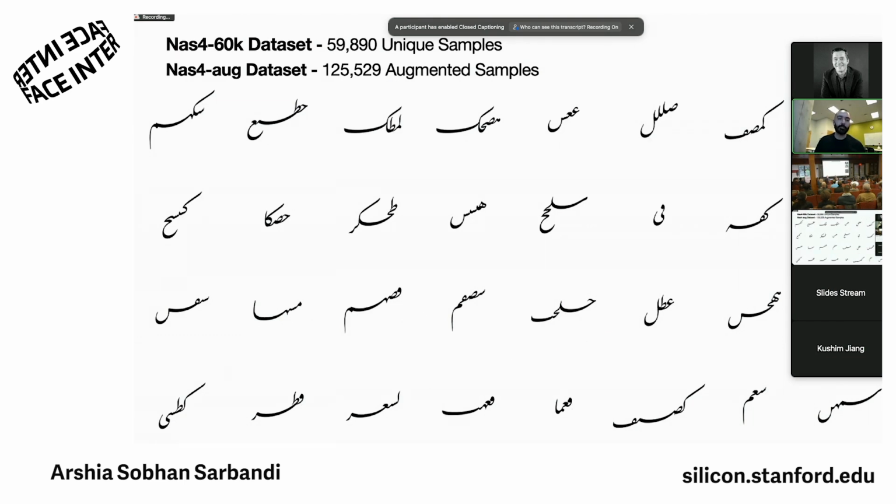After adding possible variations, I ended up with around 60,000 unique data samples of fully connected combinations. Later on, I augmented this data set to address the distribution imbalance caused by the exponential growth of 4-letter samples compared to the rest of the data set. This augmentation resulted in a final dataset of 125,000 samples.